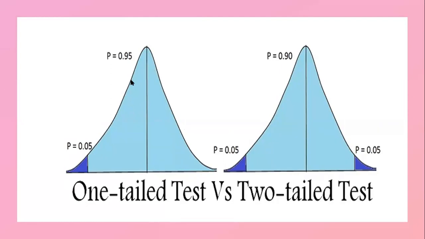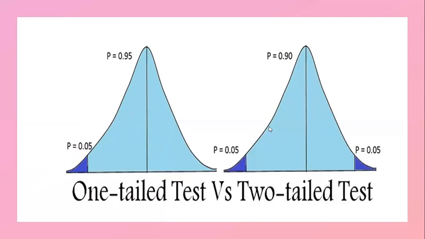If the calculated value lies in the acceptance area, then we have to accept the null hypothesis. In this diagram, there is a rejection area on only one side, the left side. Therefore, it is called a one-tail test.